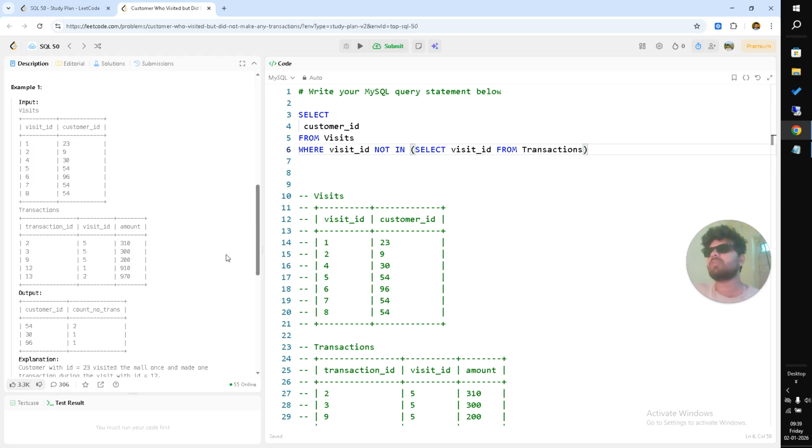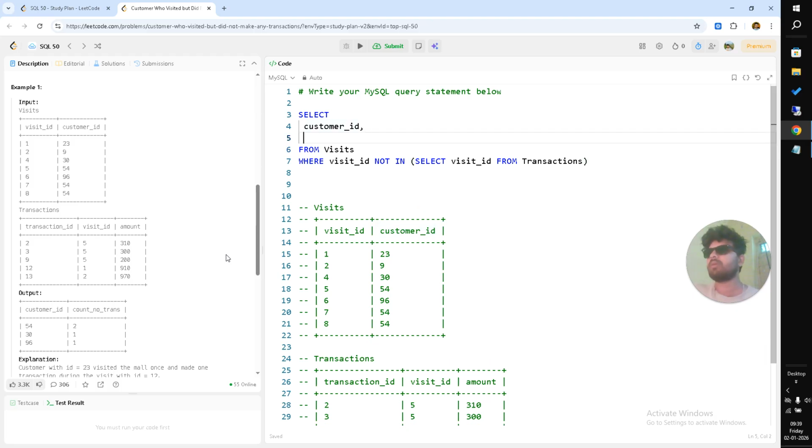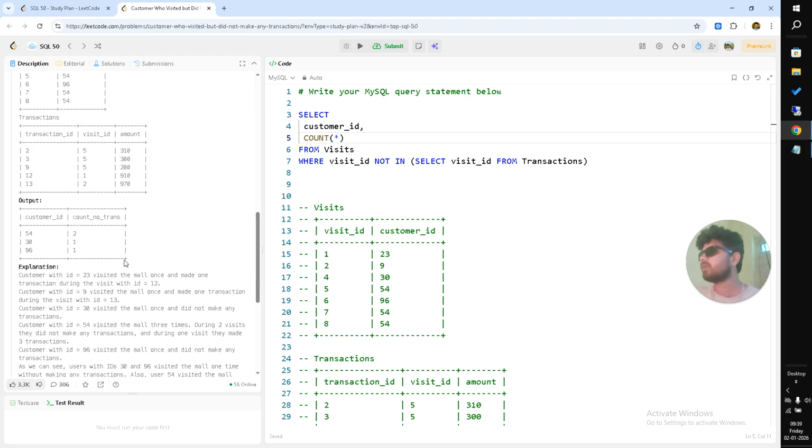And then I will use group by, count the number of customers, and name the count as the number of no-transaction visits.